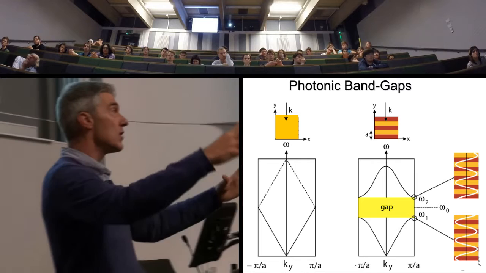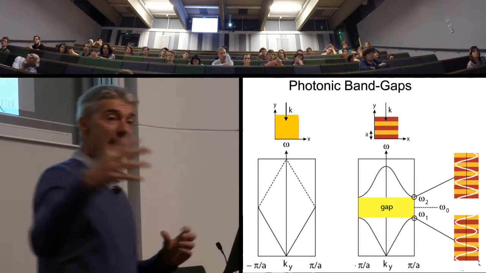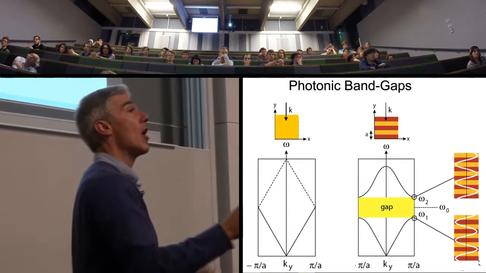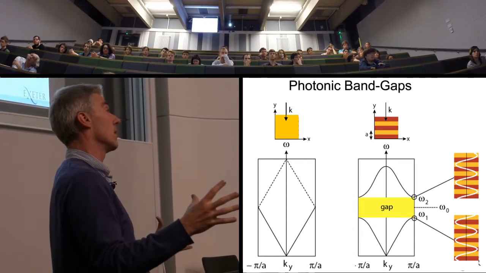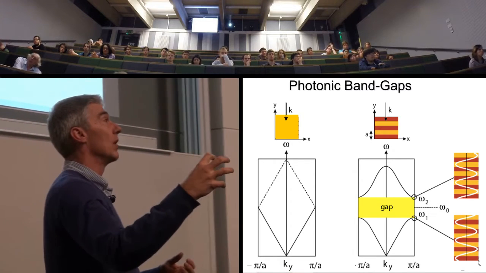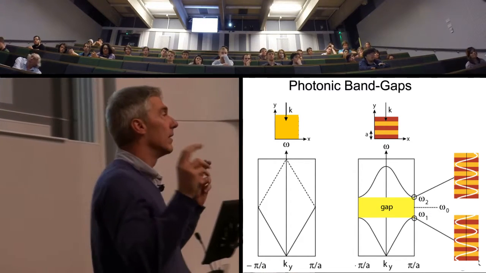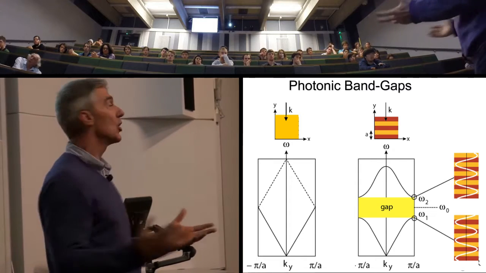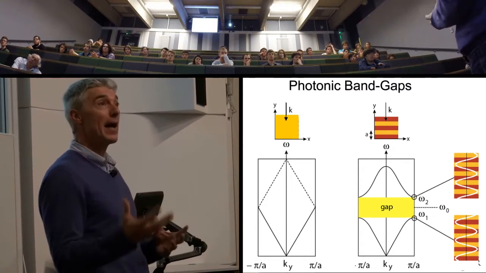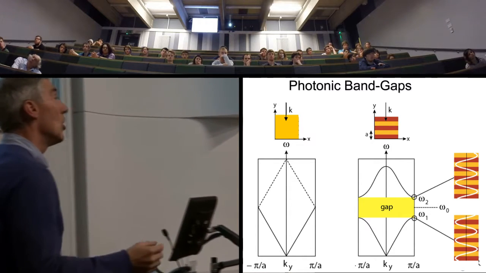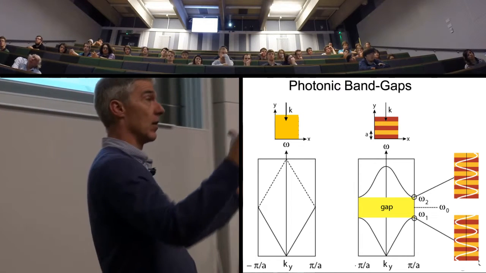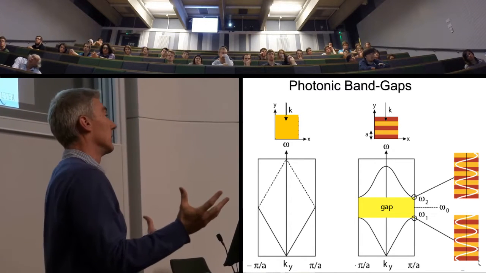If we have a crystal of atoms, then as I send an electron through this crystal of atoms, all of which are regularly spaced with respect to each other, that electron will see valence bands, conduction bands. In other words, it will see a series of bands.